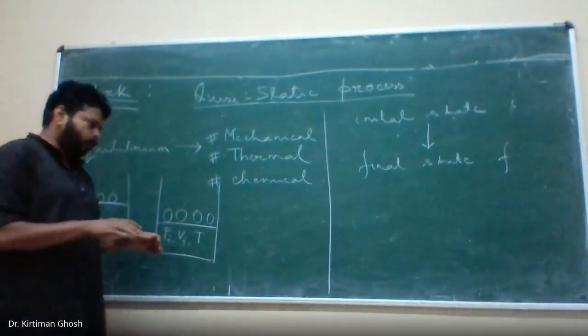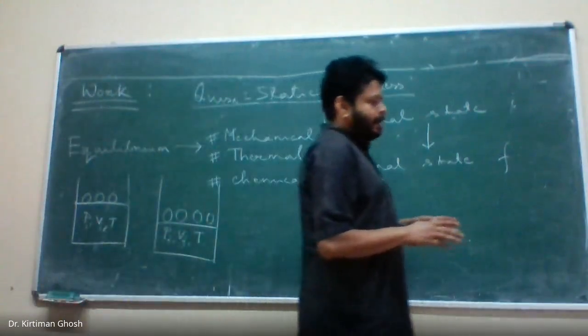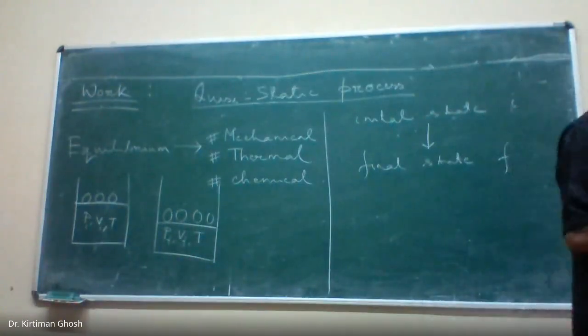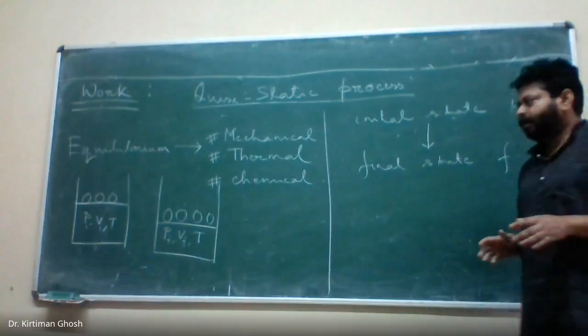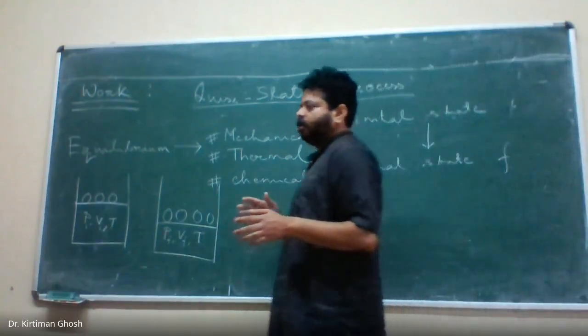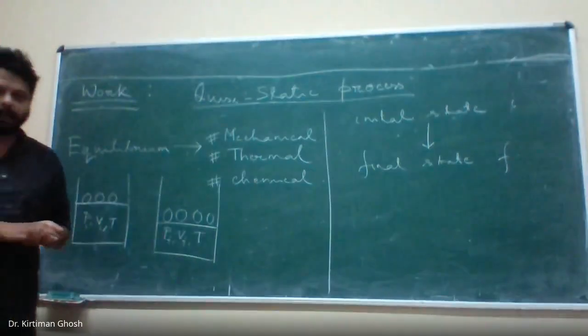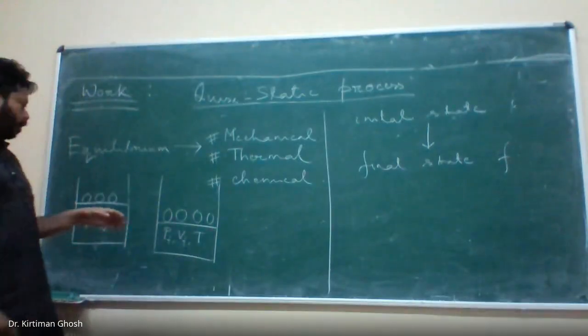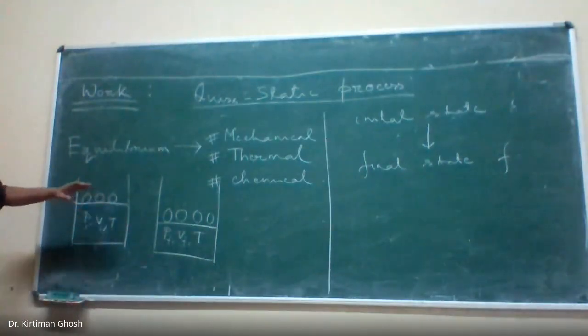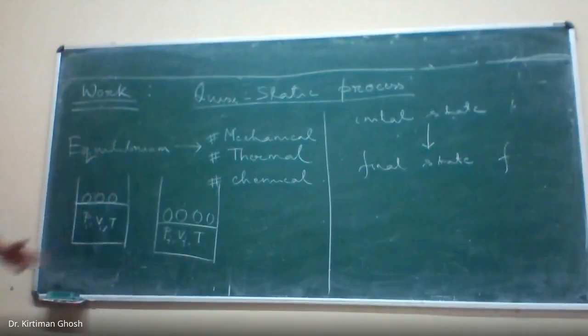So that with some approximation I can associate the macroscopic coordinates of the system with some equilibrium state. This is important. This is how you should change the thermodynamic coordinate.